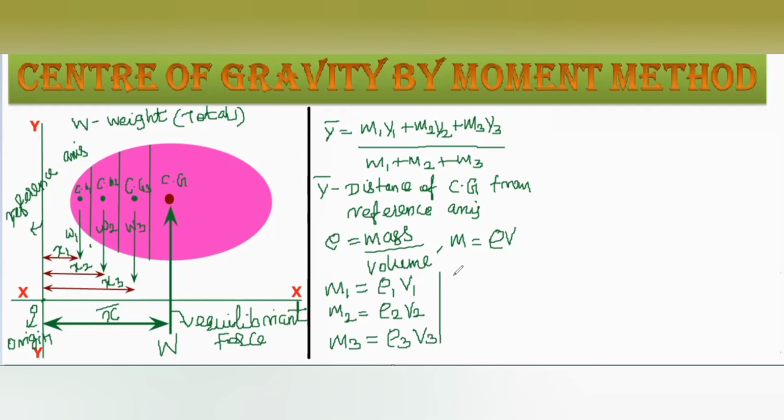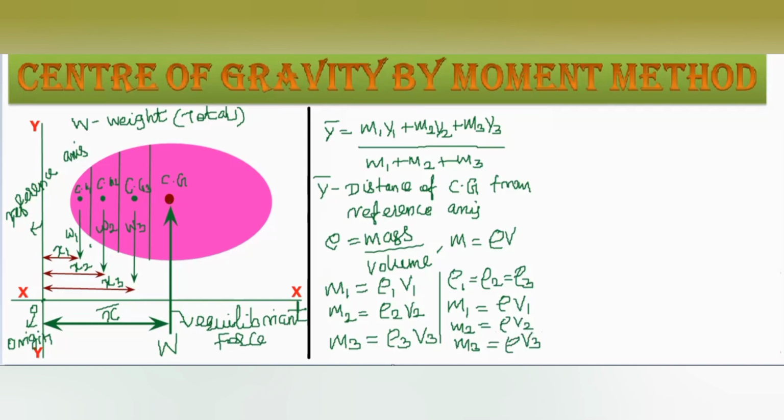If all the densities are same, rho1 equals rho2 equals rho3, then we can write m1 equals rho V1, m2 equals rho V2, m3 equals rho V3.